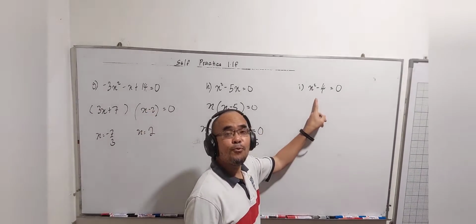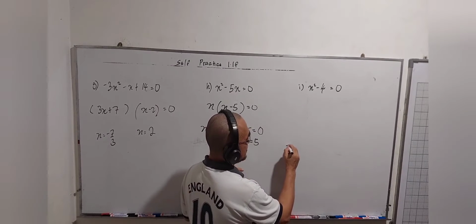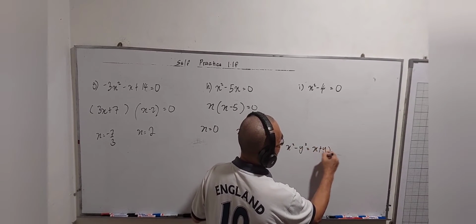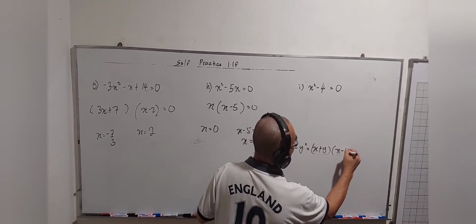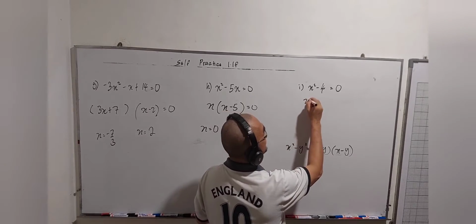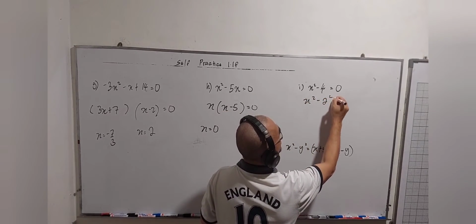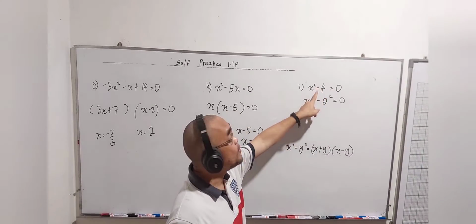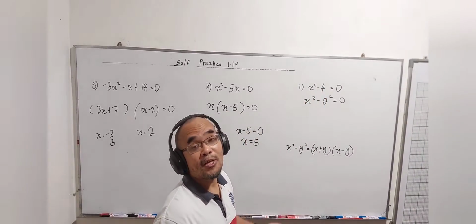Similarly with this, if you understand the concept that x squared minus y squared is x plus y and x minus y, then you immediately know that this is x squared minus 2 squared equal to 0, on the condition that this value is a perfect square.